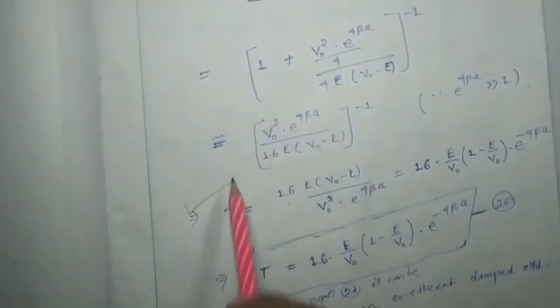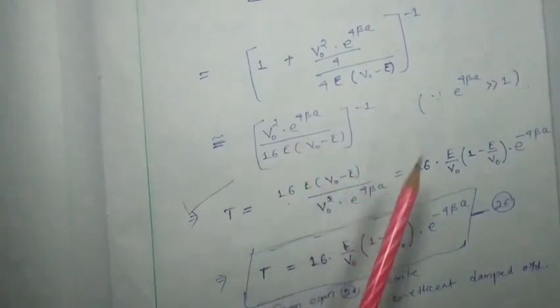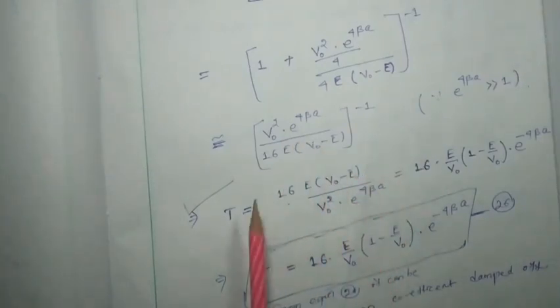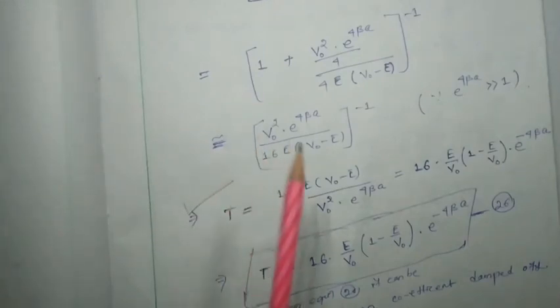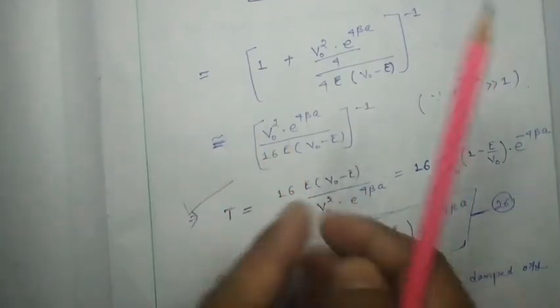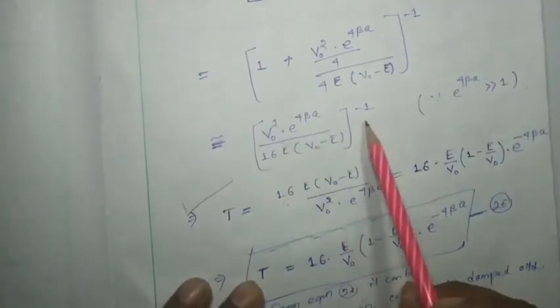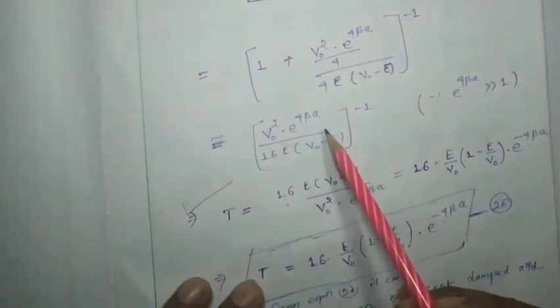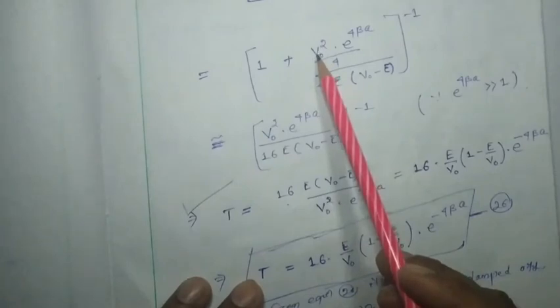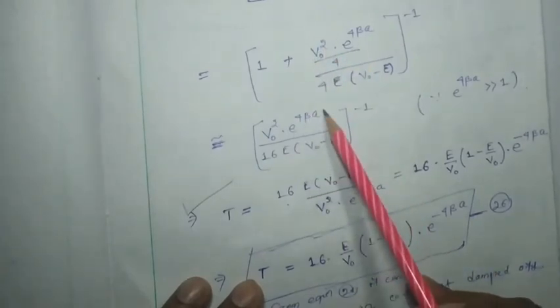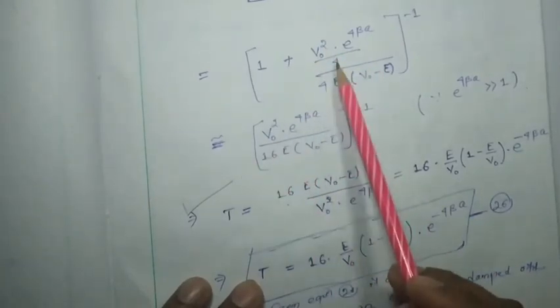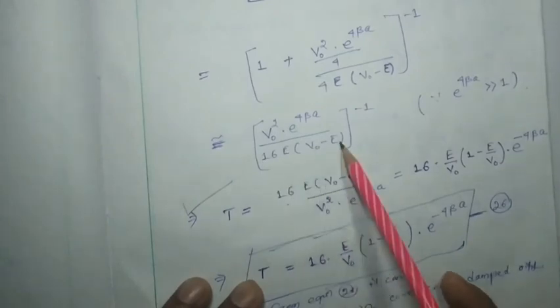You remember this one, because with the help of this formula, or by considering the wider width of the barrier, many questions you can find in your different exams. So what we found, see, this will be V0 squared e to the power 4βa divided by 16E(V0 minus E).